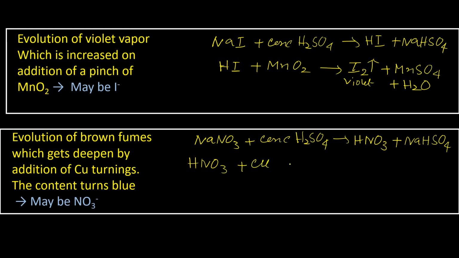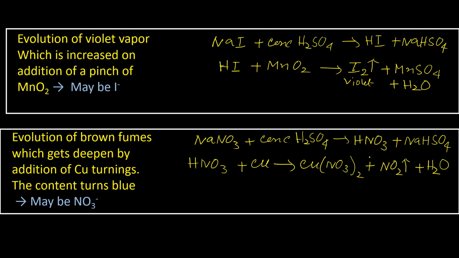Okay, it will form the copper nitrate, cupric nitrate, which is blue in color, plus your nitrogen dioxide gas. You will get the vapor of nitrogen dioxide and water. Actually, what happens here?